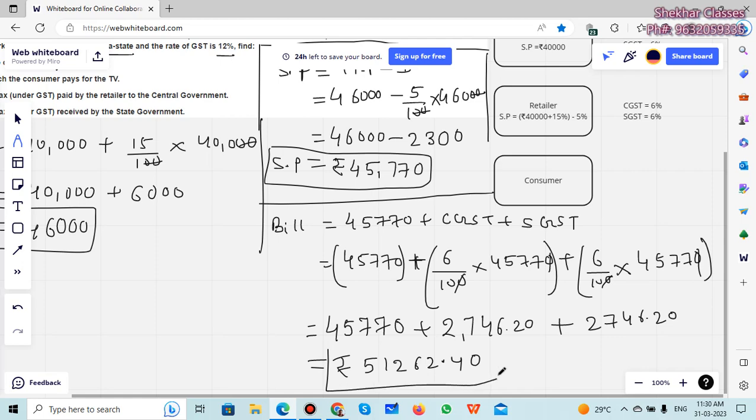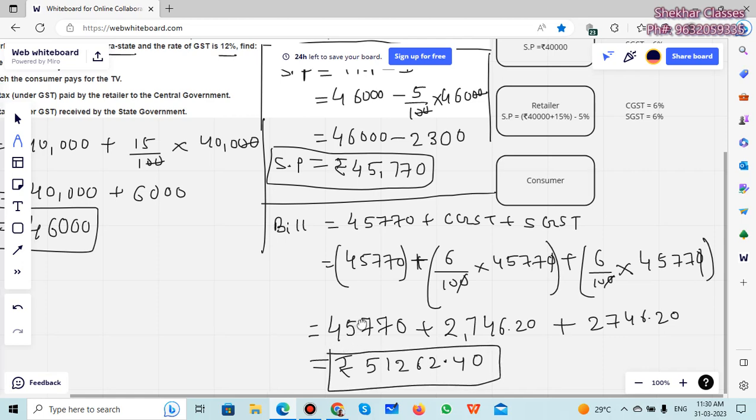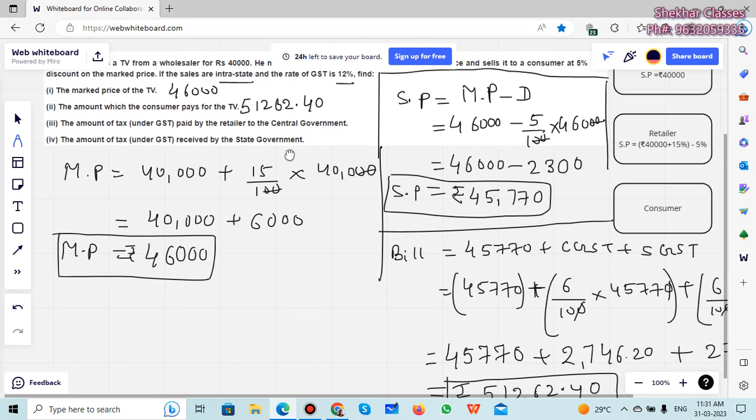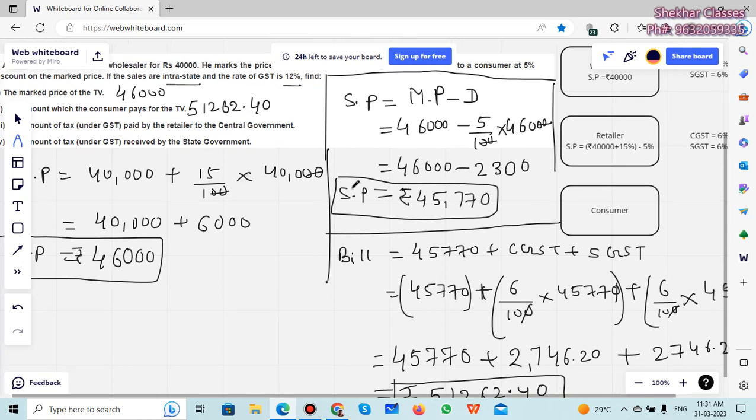And this is the answer for what the consumer will pay. How much? 51,262.40.